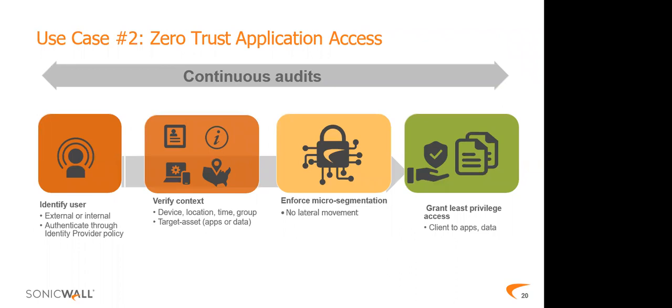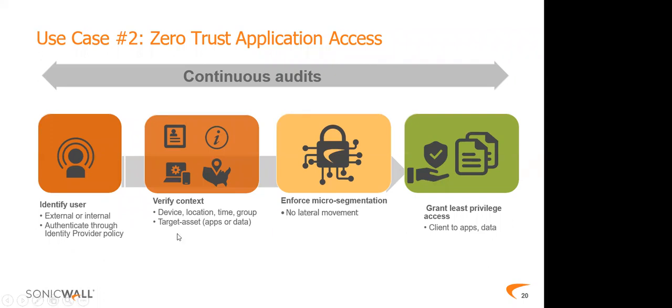So zero trust application has continuous audit because it has identified your user, whether you are external or internal. It will authenticate through the identity provider policies. If you are not authorized, I mean your ID, you will not be able to access your internal networks.